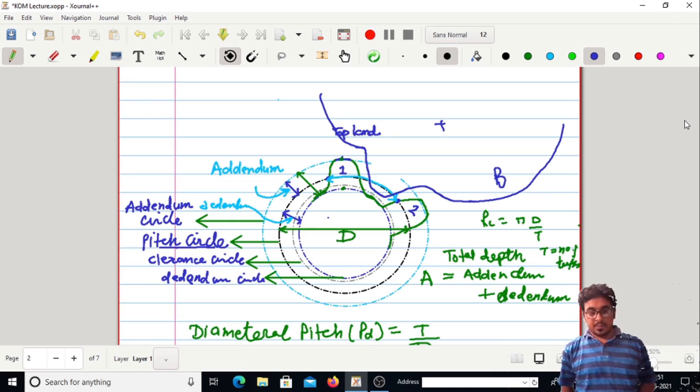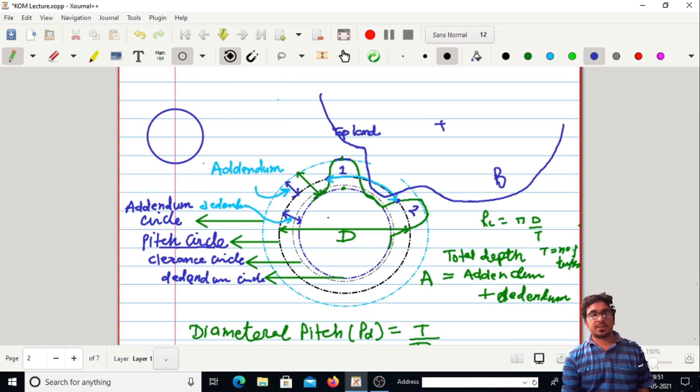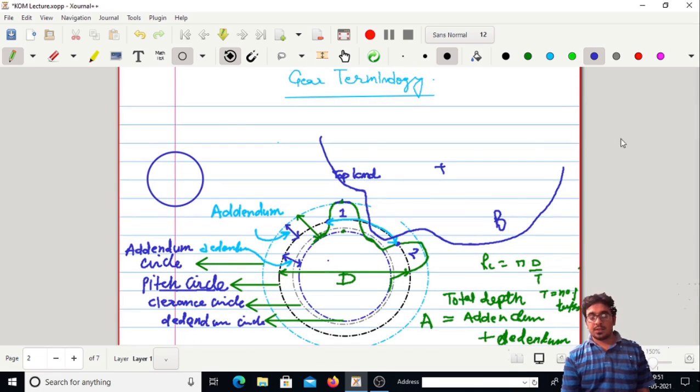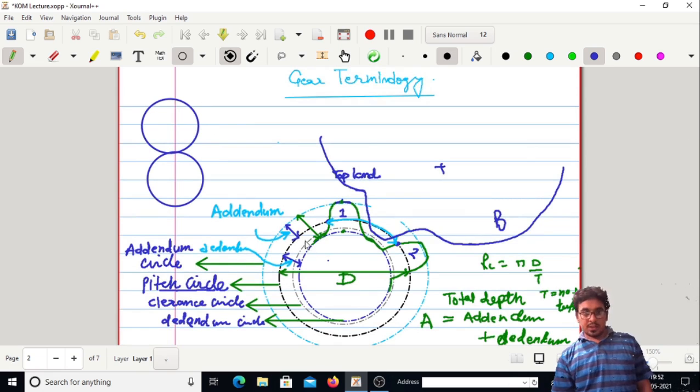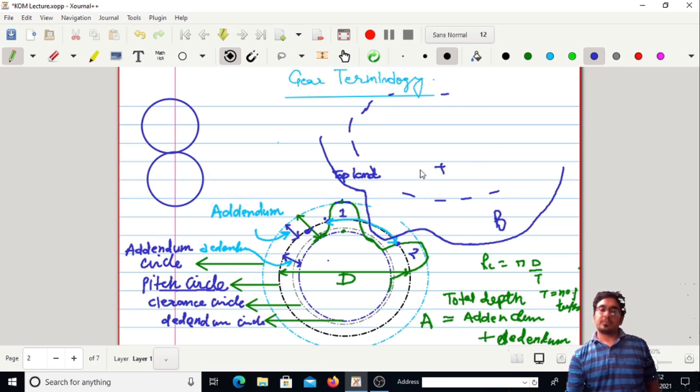Now there is one more term which is known as the pressure angle. Now if I draw the pitch circles of, for example, two mating gears, for example this is gear number 1 and this is gear number 2, and these are the pitch circles. Okay, this black one is of this particular gear A and the pitch circle of gear number 2, which are in mesh.